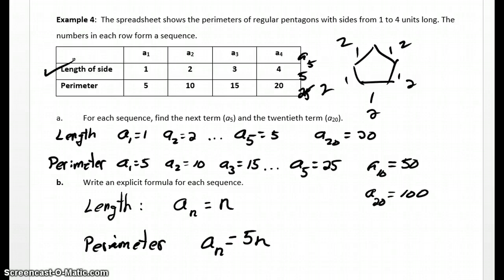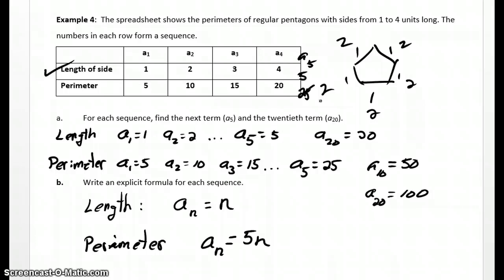So the explicit formula for just the length sequence is simply a sub n is n. So a sub 12 is 12. Okay? The perimeter, we can see from our spreadsheet that I'm multiplying each one of those by 5. So a sub 1, or 1 times 5 is 5, 2 times 5 is 10, 3 times 5 is 15.